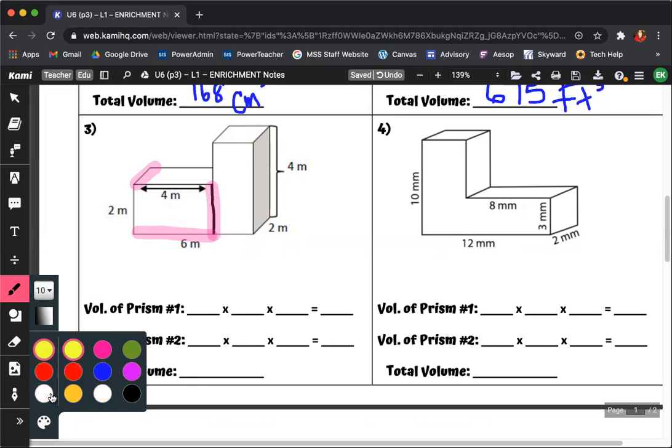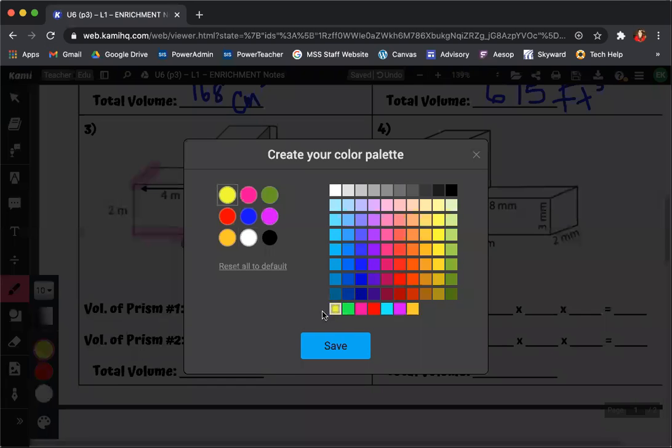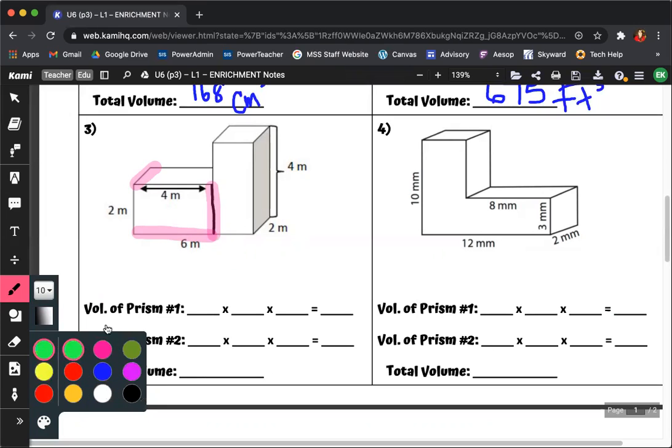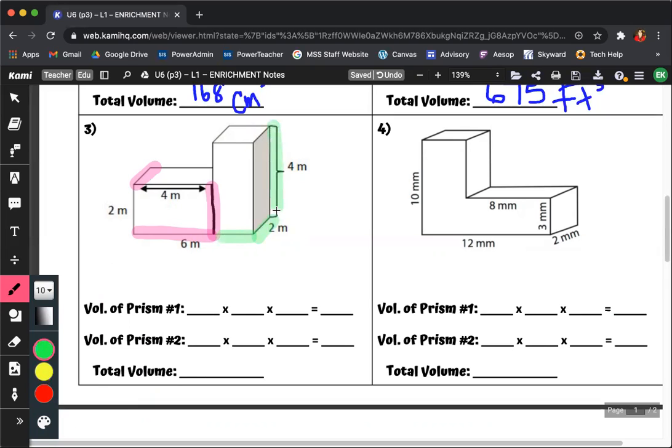I'm going to highlight that. We've got base, length, and height.